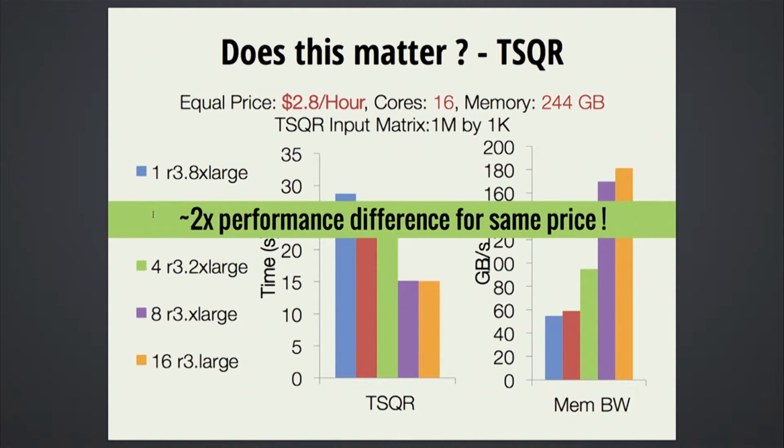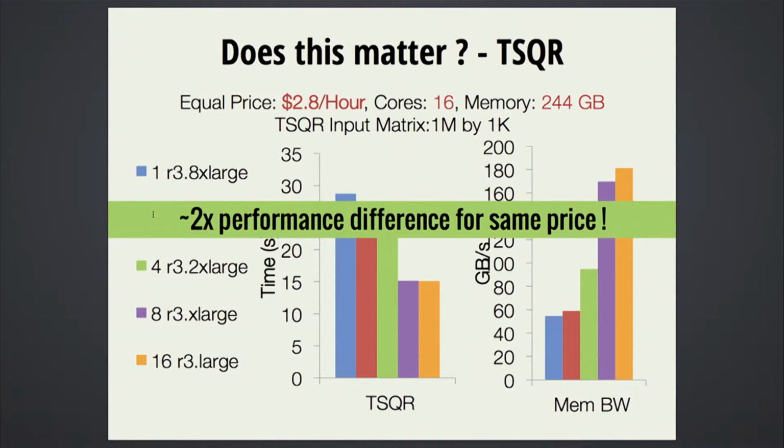So here we used a commonly used linear algebra kernel, a QR decomposition algorithm, and we ran it on machines of different sizes of the same kind. So here we used either 16 R3.large instances or 8 R3.extra large instances, and so on till 1 R3.8 extra large instance. So they're all normalized in terms of the amount of memory and CPU available, and we're running the same workload on all of them.